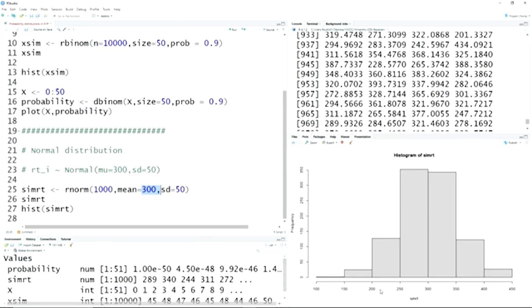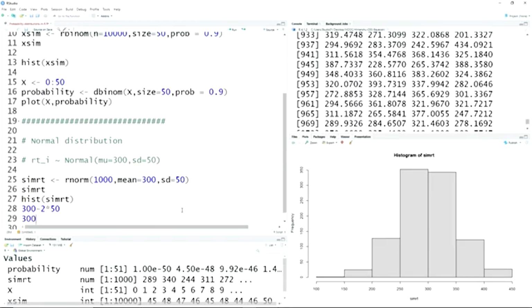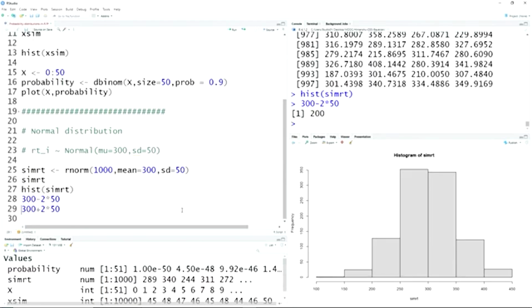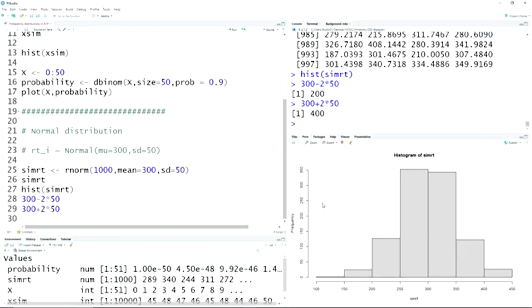And most of the values would lie between, what would be the 95% interval for a normal distribution? 300 minus 2 into 50, approximately 2, to 300 plus 2 into 50. So 300 minus 2 into 50 is 200, and 300 plus 2 into 50 is 400. So most of the values will lie between 200 and 400, and that's what happens here. This is 200 and here is 400.